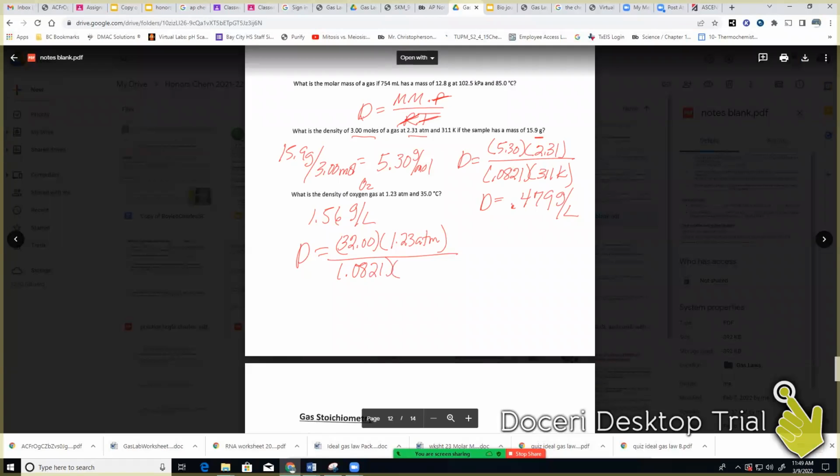And then my temperature, when I changed it, was 308.0 K. So then we're just going to multiply and divide, and everything was 3 sig figs. So that's where I would get my 1.56 grams per liter.